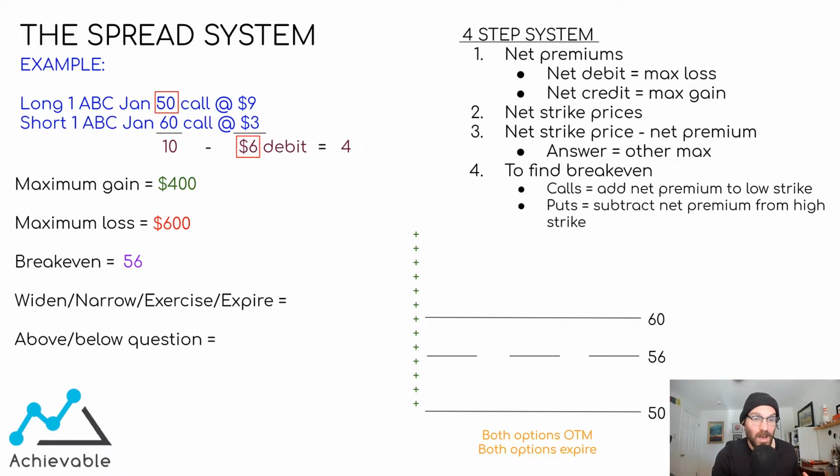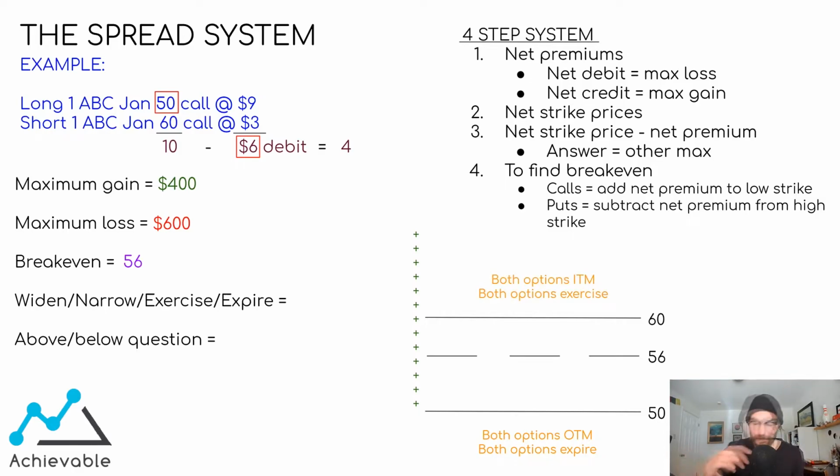If the investor wanted to exercise their long call and buy stock at 50 and sell it in the market at 56, they could make $6 per share, or $600 overall, given that there are 100 shares involved. That would pay for the original net debit and get them back to break even. So once we get up to 56, we've broken even, and anything above that, we're in gain territory.